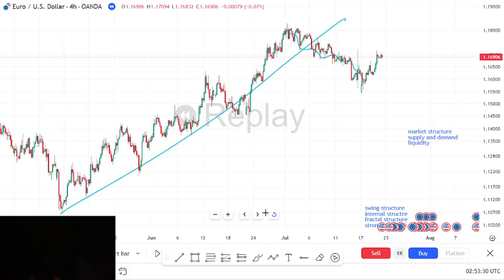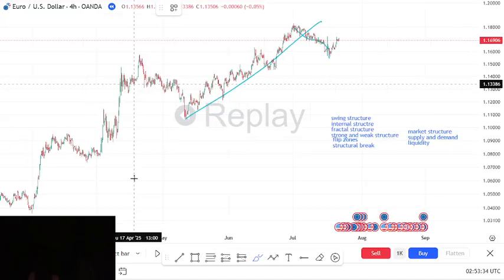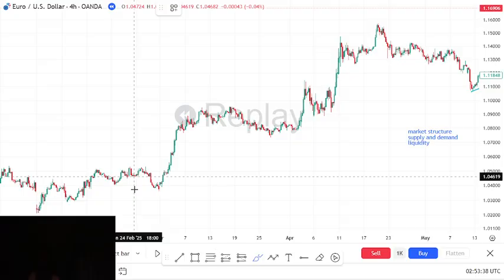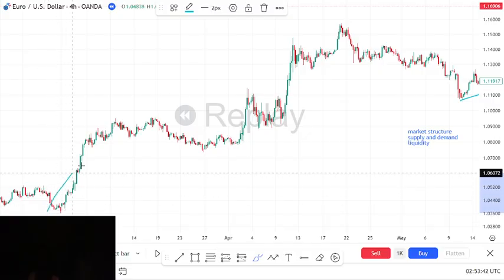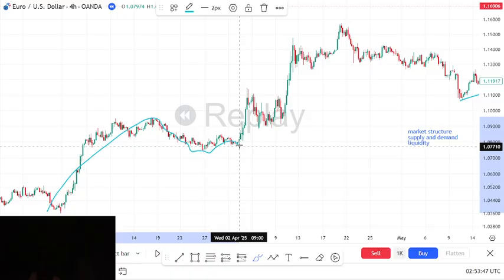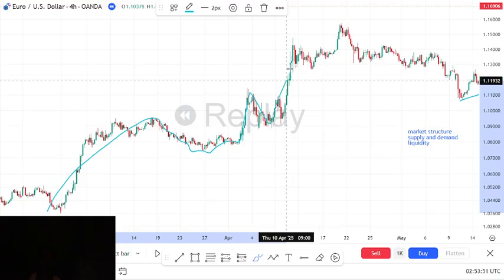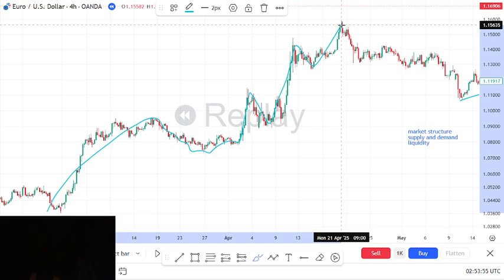From the natural perspective of how price is moving, you can see after we had this impulsive move, we had a corrective move, and then price moved impulsive. Then we had a corrective move and price moved impulsive again.